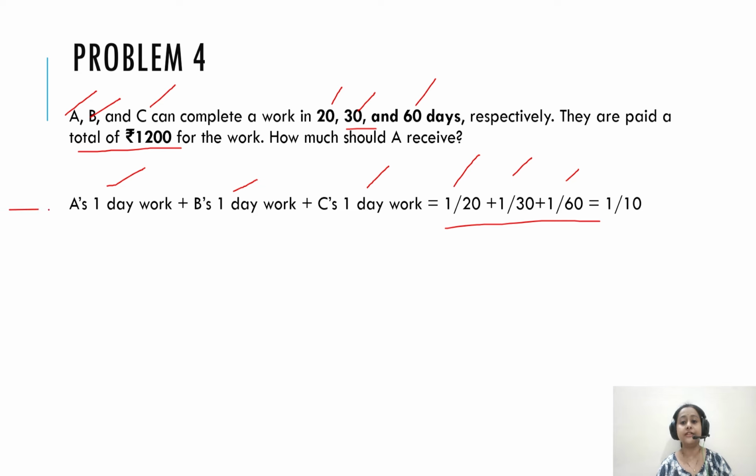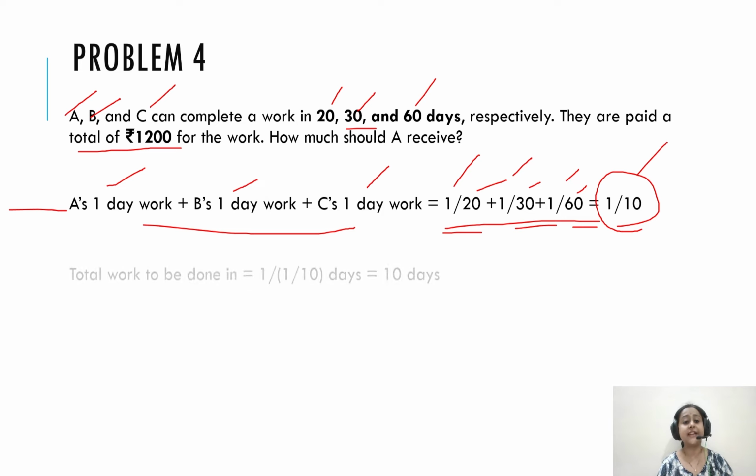So 1 by 20 plus 1 by 30 plus 1 by 60. After taking the LCM and adding, you will find 1 by 10 of the whole work is completed in one day if A, B and C work together.